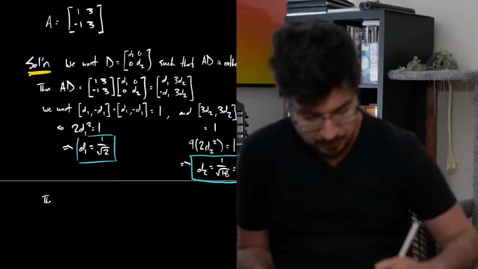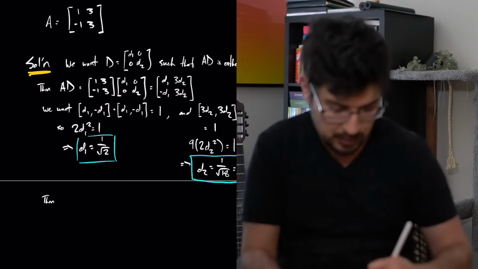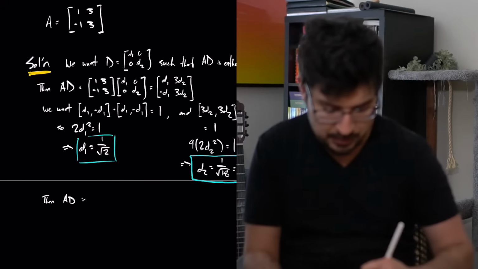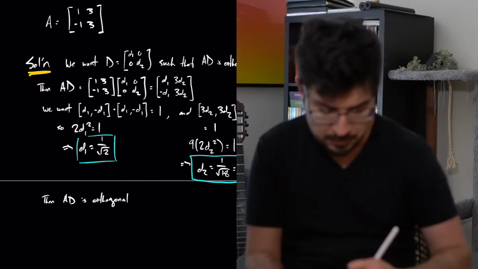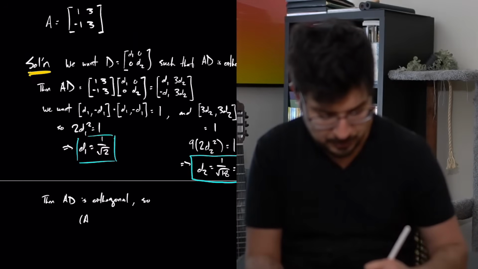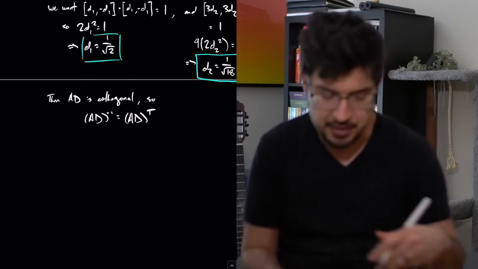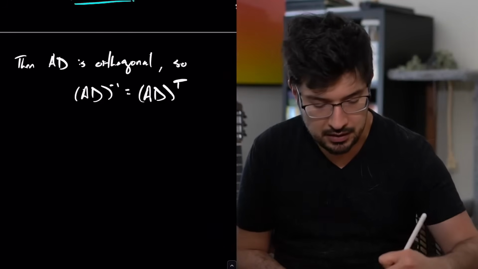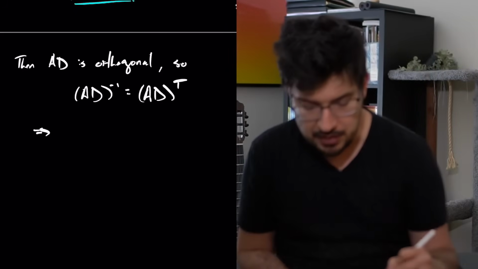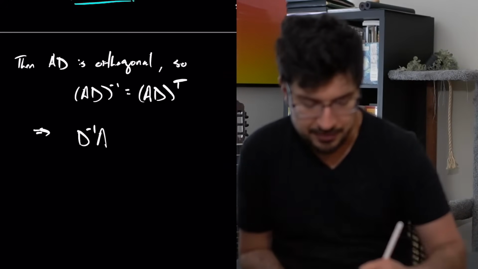Then AD is orthogonal. So AD inverse equals AD transpose. I just want to get another practice rep here, remembering this derivation. So the left-hand side can be rewritten as D inverse A inverse.